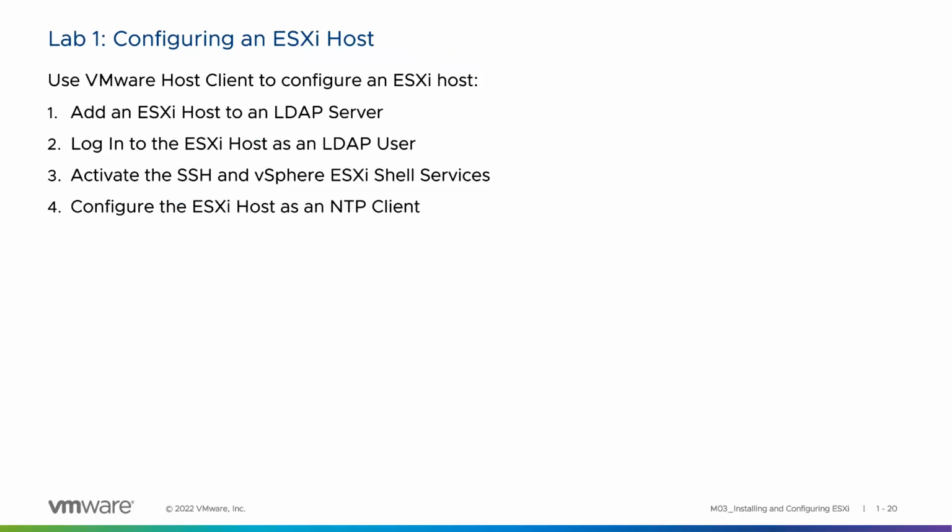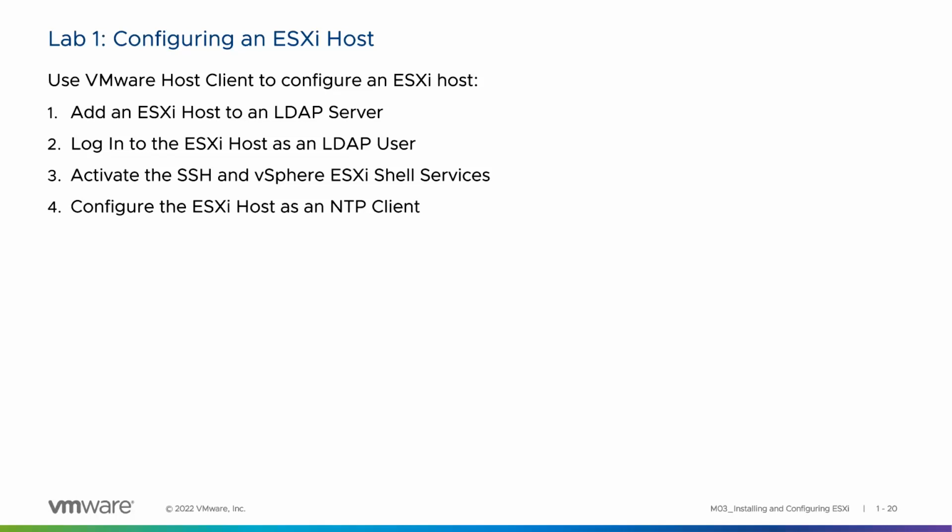So add an ESXi host to an LDAP server. We added ours to Active Directory instead of an LDAP. When they redid this curriculum, they rewrote it to where you didn't use anything Microsoft. You used all Linux and Samba, which is basically an Active Directory compatible server on Linux.